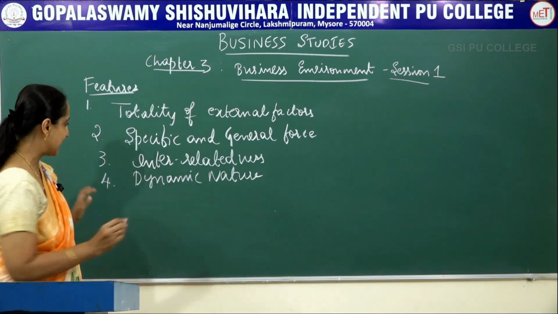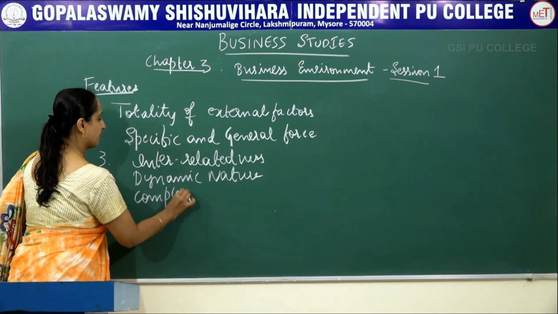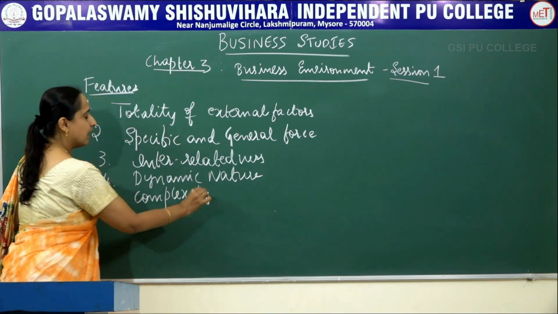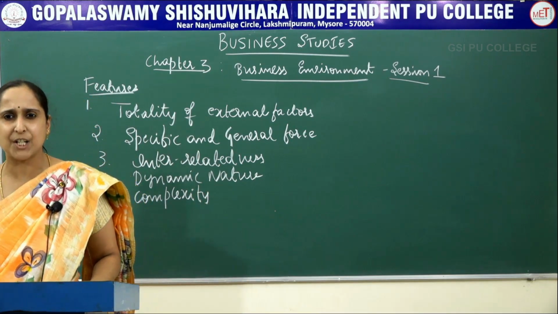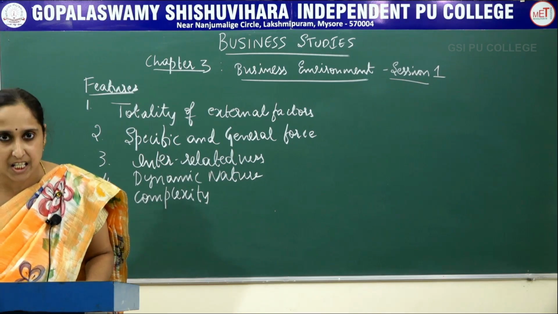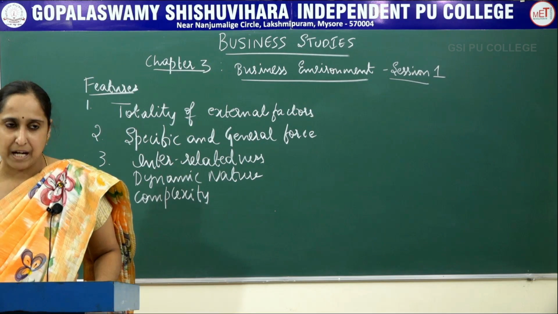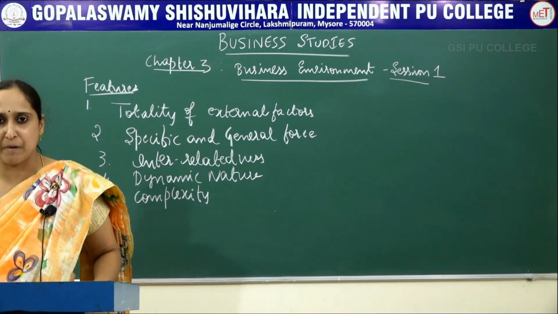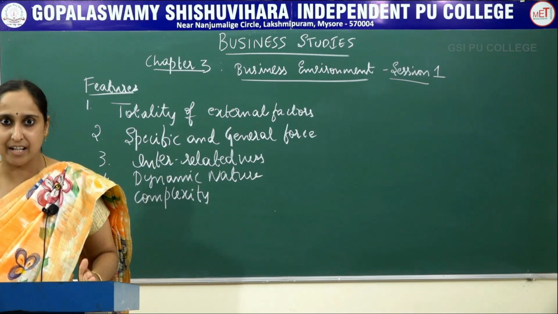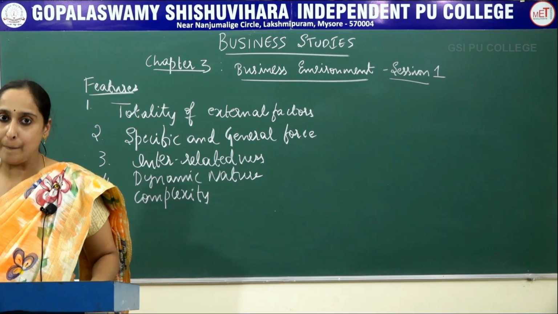Next one is complexity. Here complexity means it is not very easy to understand the changes that take place in the external environment. Even though it is easy to scan the external environment, to understand the impact or the effect which happens to the business is very complicated.